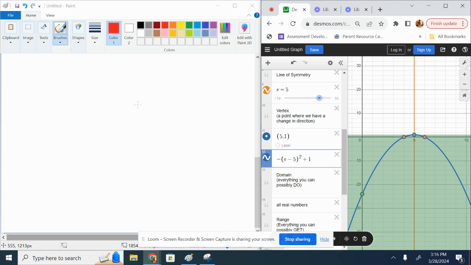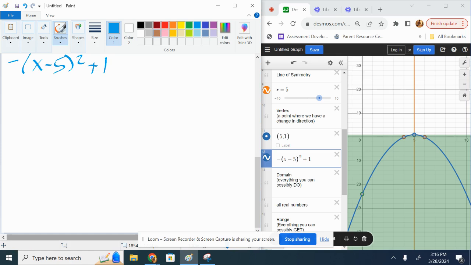So for instance, this vertex form here, I used the vertex to write it, so I'm not going to use it again. Instead of using the vertex, I will check this equation by using the y-intercept or an x-intercept, and be fairly sure that it's going to work if it lines up that way.